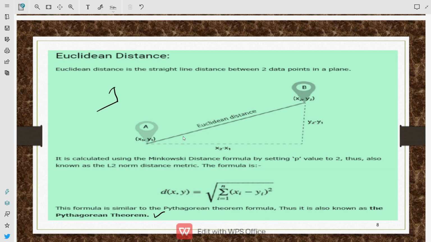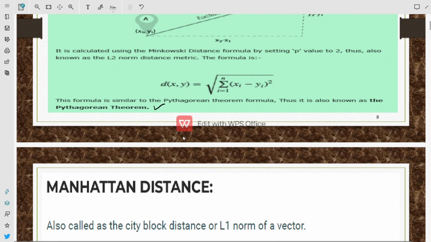Whenever we have a right angle triangle, hypotenuse square, that is c square equals the square of adjacent plus the opposite, right? Likewise, if I wanted to find this distance, c equals the square root of a square plus b square. This is not that much important. Okay, so this is how this particular Euclidean distance can be calculated.